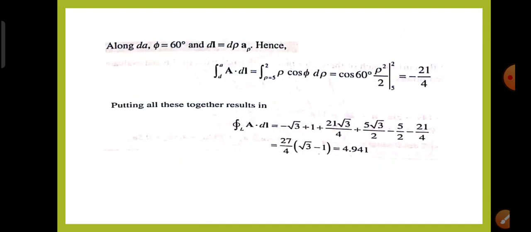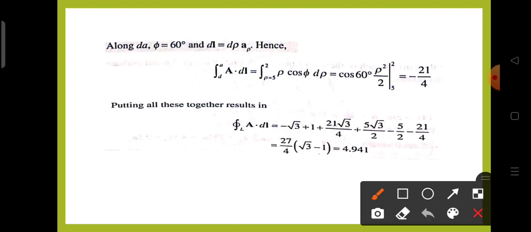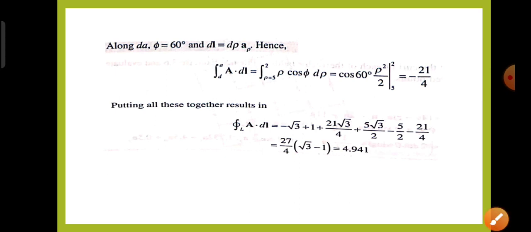Then along the DA path, we will have minus 21 by 4. Adding all the values obtained from the individual line integrals, finally we will get 4.941 as the answer for the line integral of A dot dl.